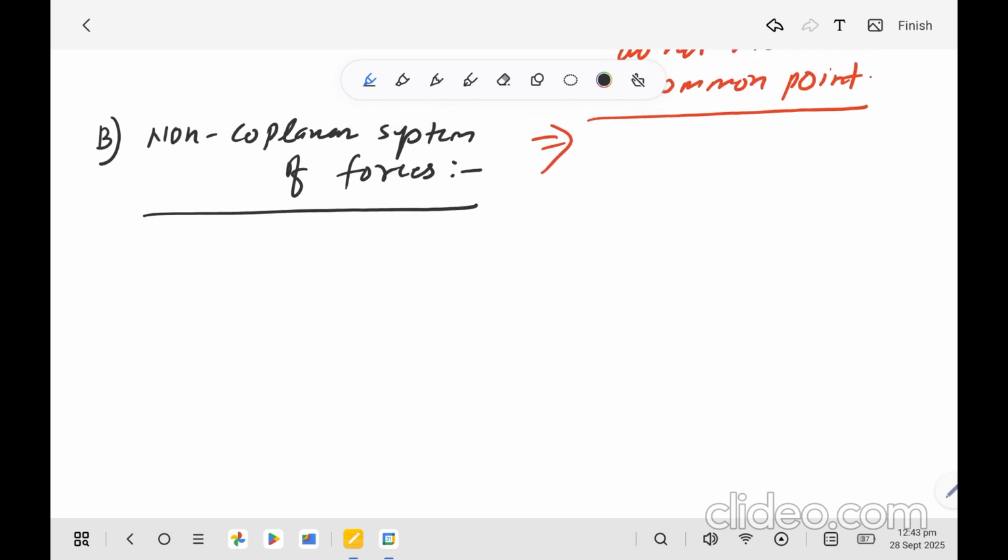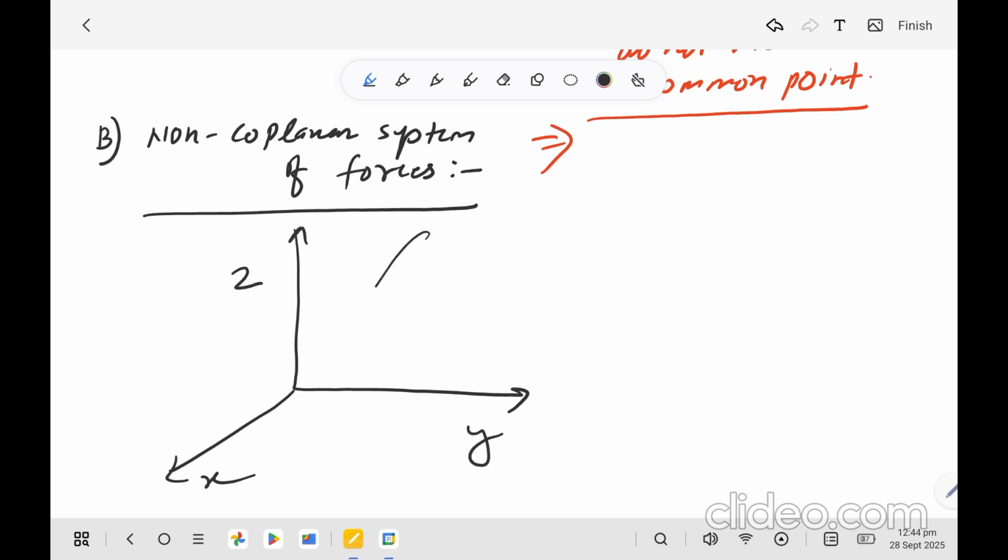To understand the concept of the non-coplanar system of forces, first let's assume a body in space. Okay, so this is any body of mass m, or we can say this is the system, and the force acting on this body is F1.